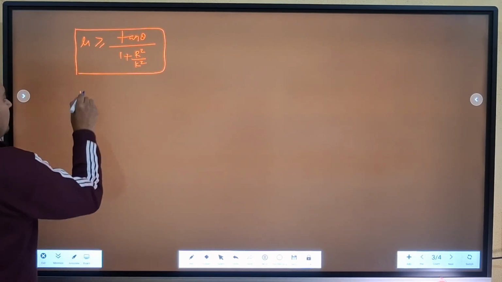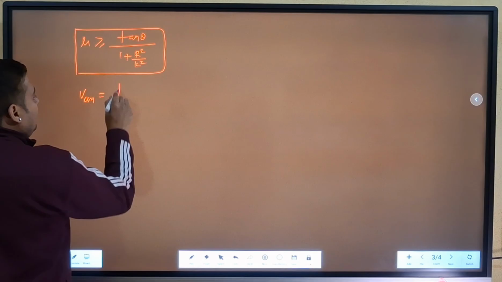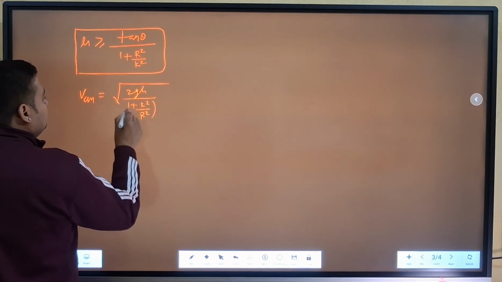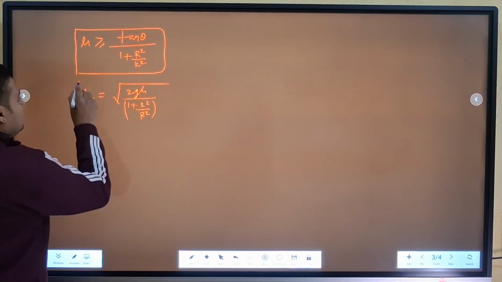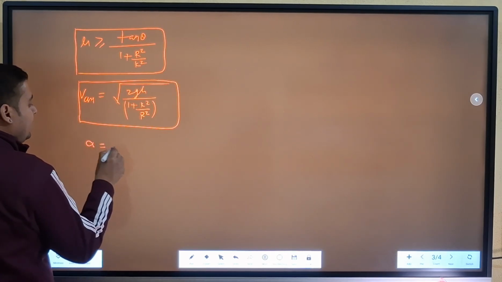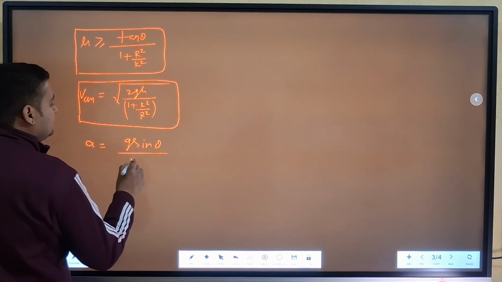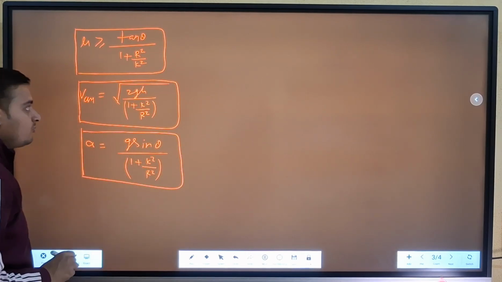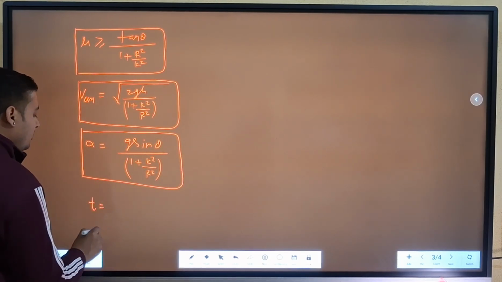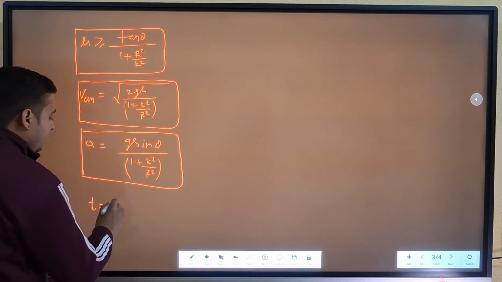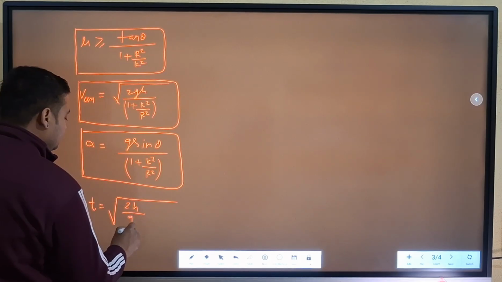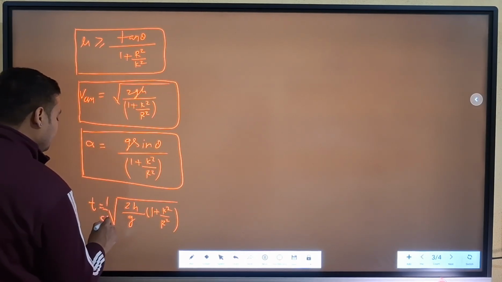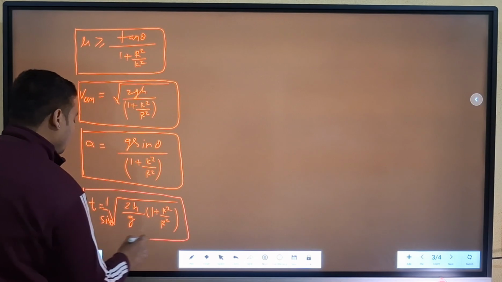Second, the velocity of center of mass is under root 2gh (1 + k²/r²). Third, the acceleration is g sin theta divided by (1 + k²/r²). Fourth, the time taken to reach the bottom point is under root 2h by g (1 + k²/r²), divided by sin theta.